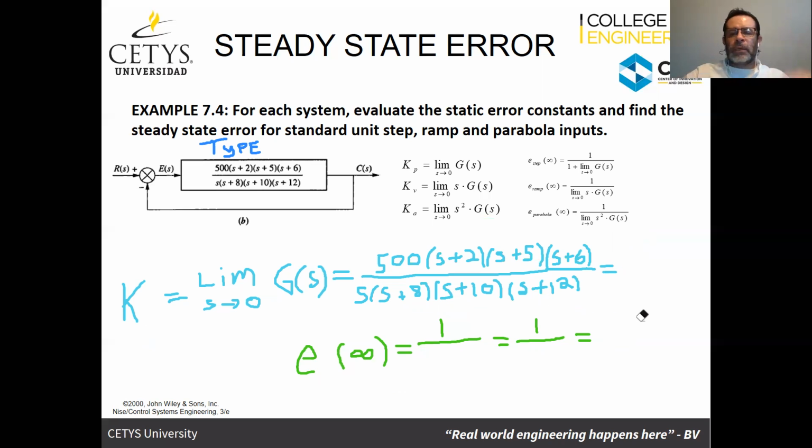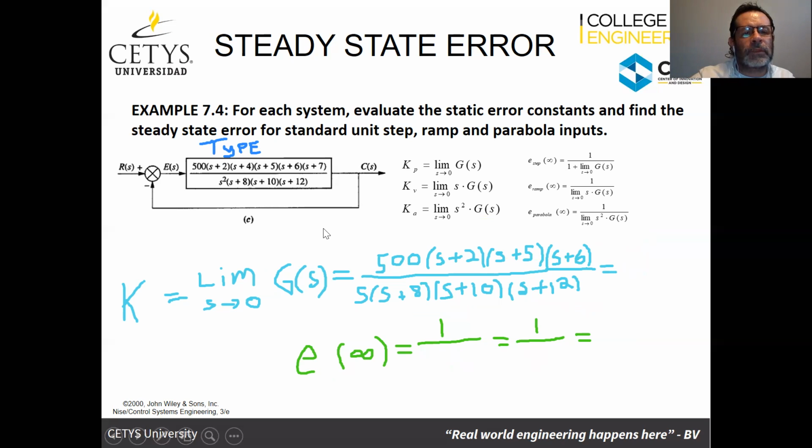Okay, now let's look at one last example here. This next example, what type of system do we have there? It's a type 2 system because we've got an S squared here. Let me just modify this.